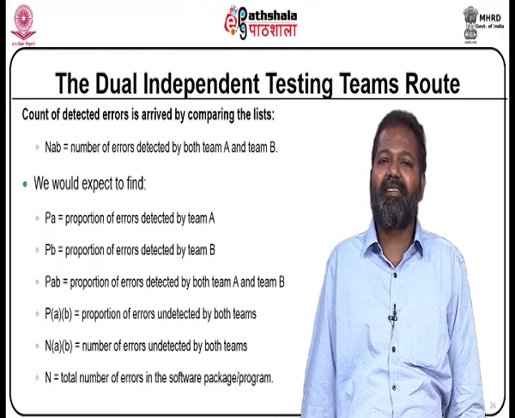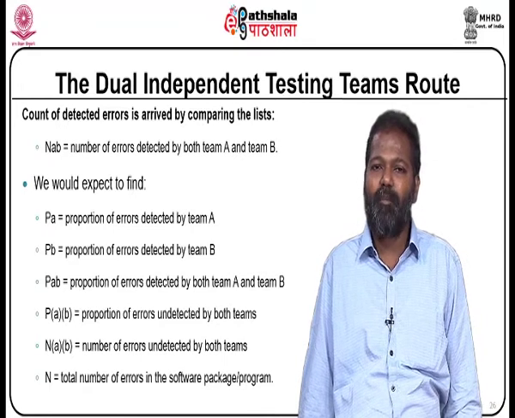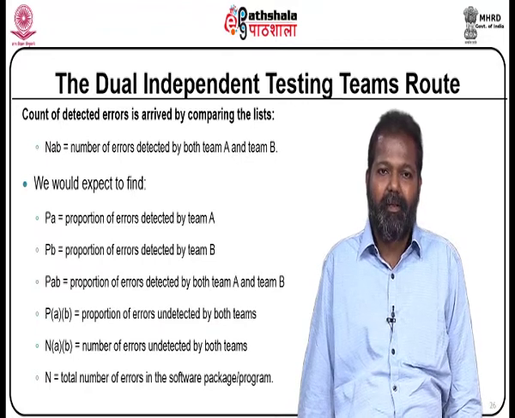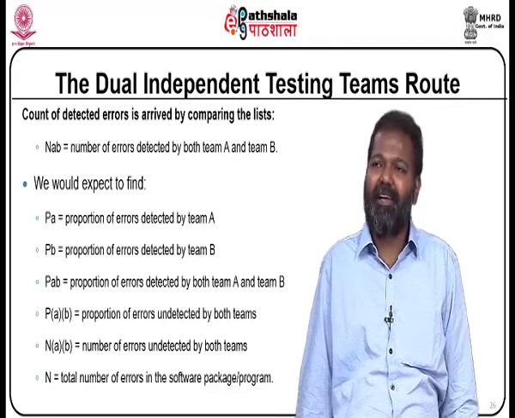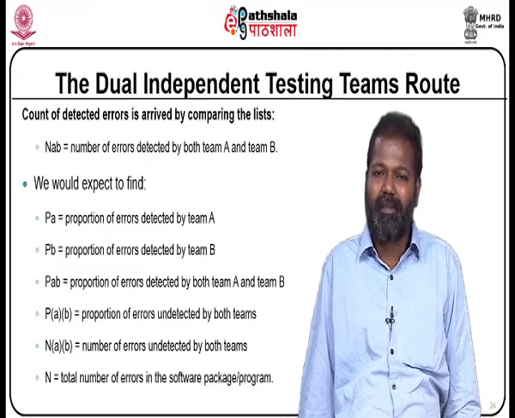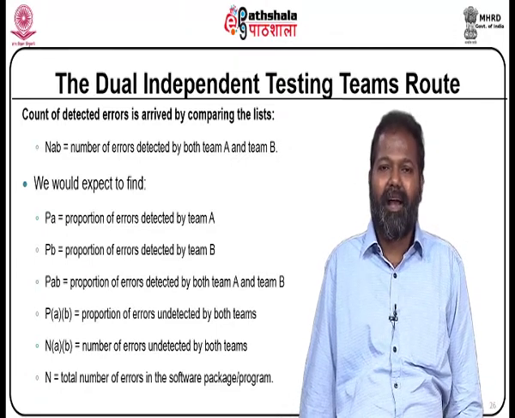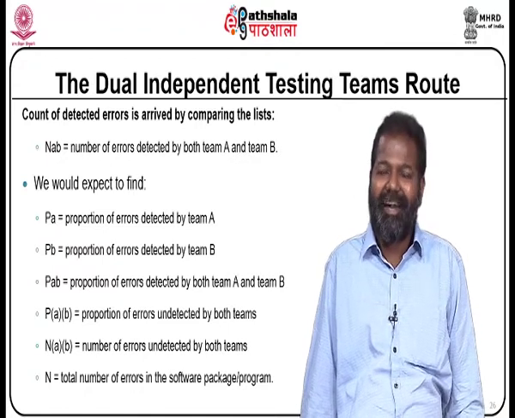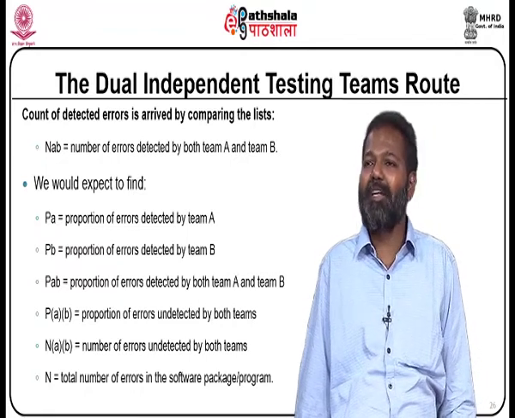The count of detected errors is arrived at by comparing the lists, including the number of errors detected by both team A and team B. We would expect to find the proportion of errors detected by team A, the proportion of errors detected by team B, the proportion of errors detected by both team A and team B, the proportion of errors undetected by both teams, the number of errors undetected by both teams, and the total number of errors in the software package or program.